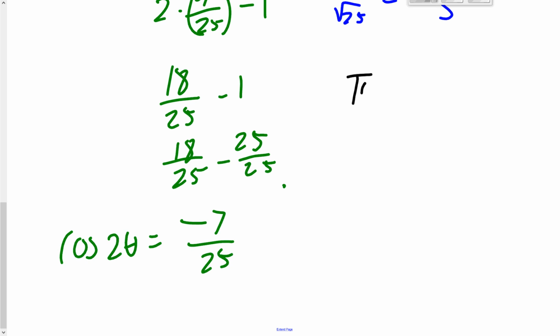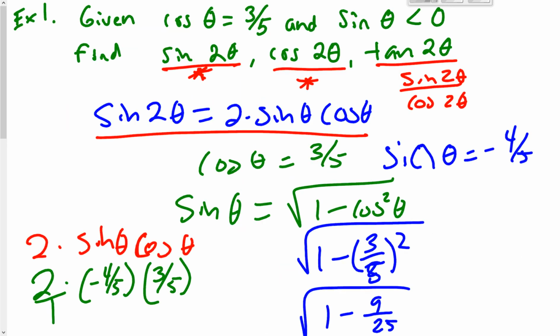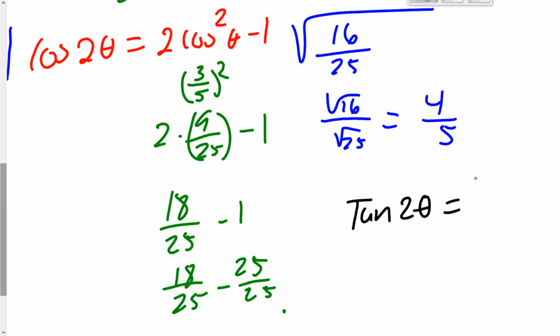And then tangent. We could use the formula for tangent of 2 theta, which is 2 tan of A over 1 minus tan squared of A. But we don't know tangent.